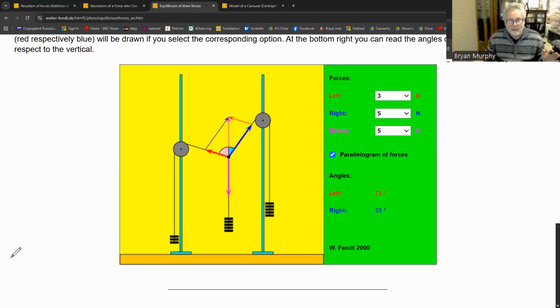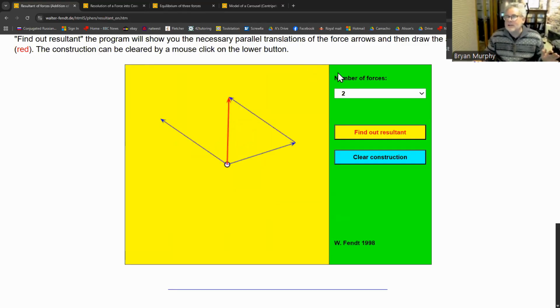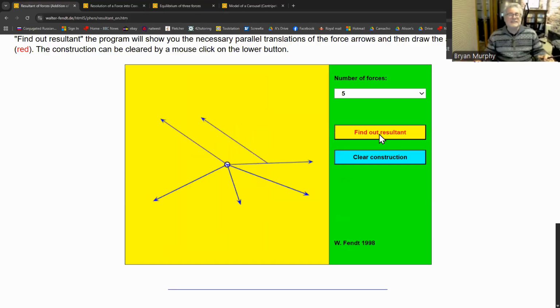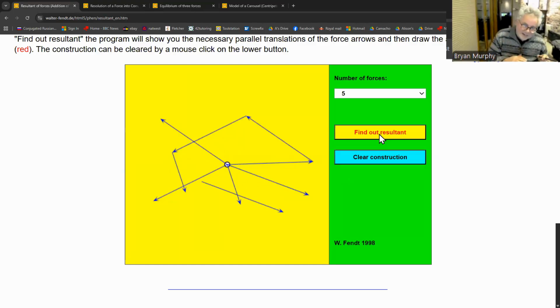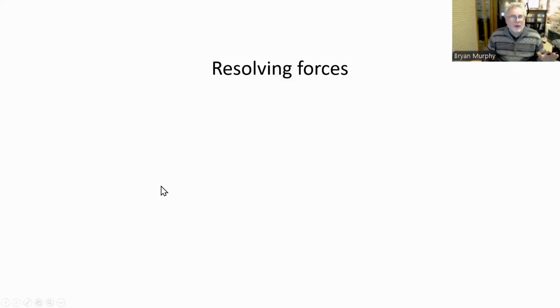I can take as many vectors as I like, say 5, and draw them wherever I like. The resultant is found by sliding one after the other, and that is my resultant.